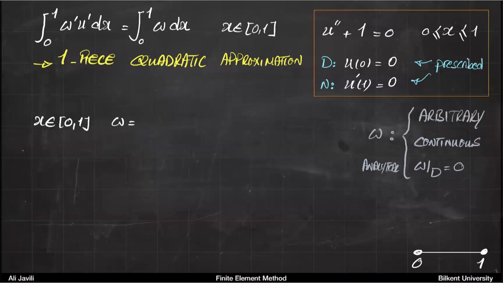Now your test function is a quadratic function, so it would be c1x squared plus c2x plus c3. Your displacement would also be a quadratic function. So u would be d1x squared plus d2x plus d3.